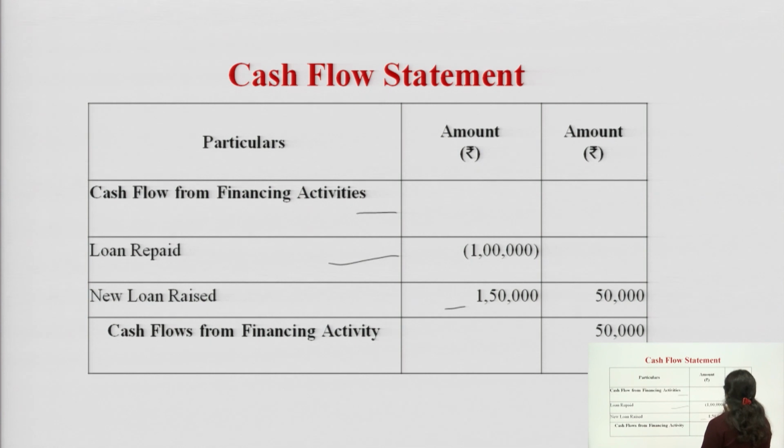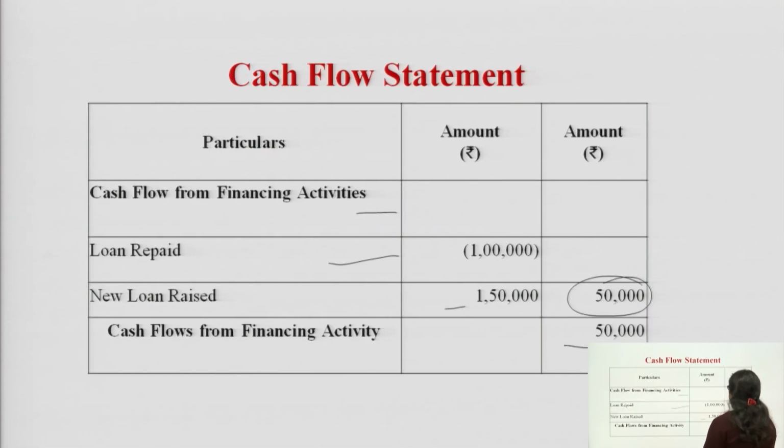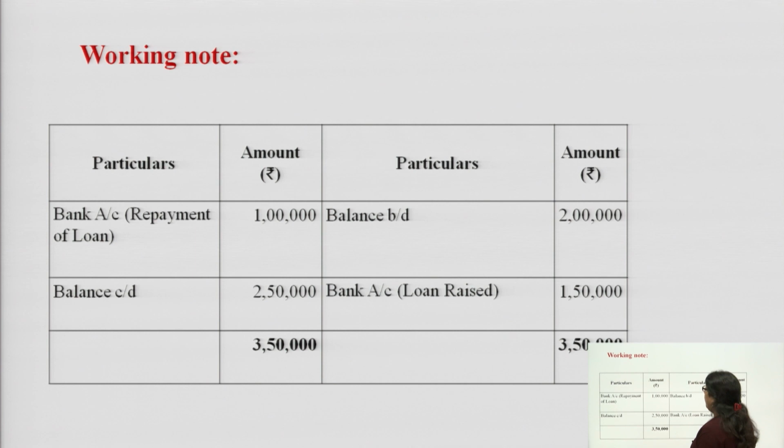So, the amount which comes out is 50,000. Long term loan has been raised by 50,000, so the total is 50,000, that is your cash flow from the financing activities.